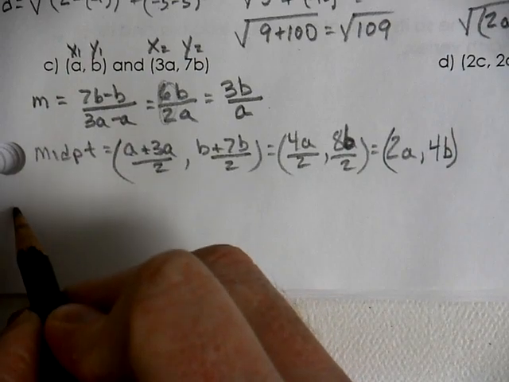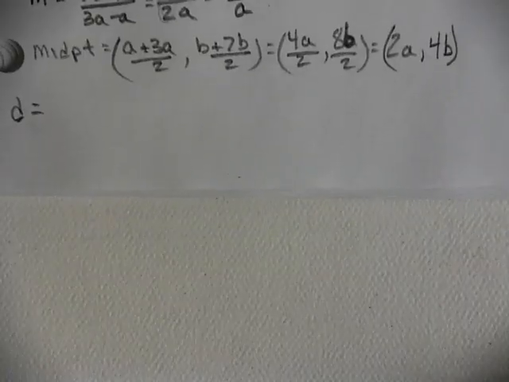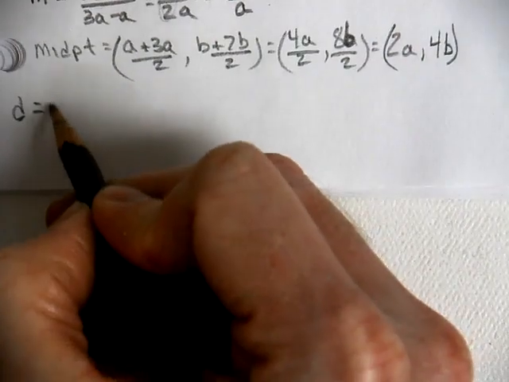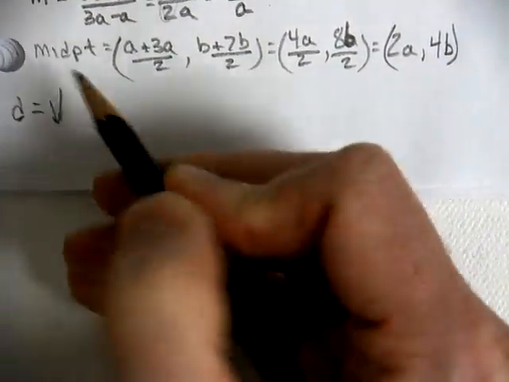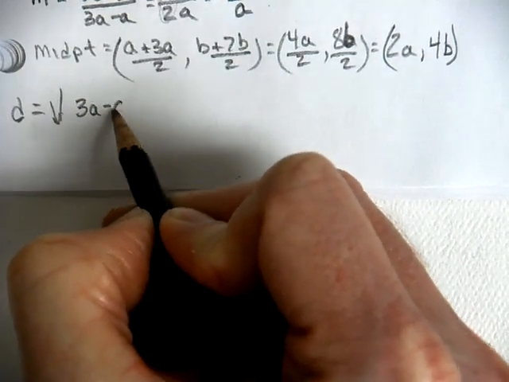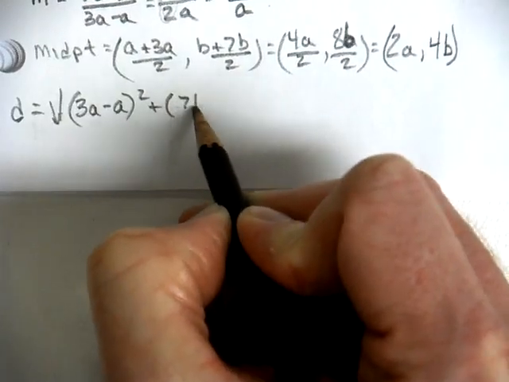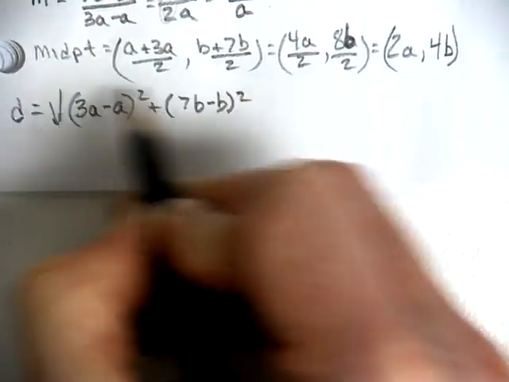Then we have our distance formula. So we take our x's, x2 minus x1, square that, y2 minus y1, and square that.